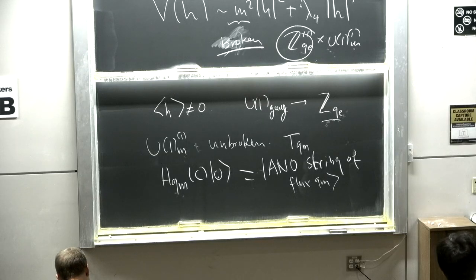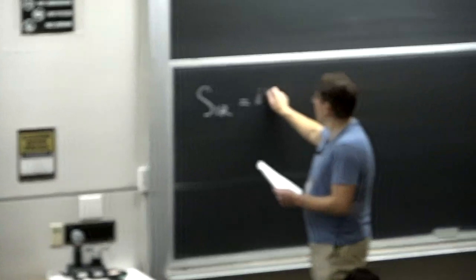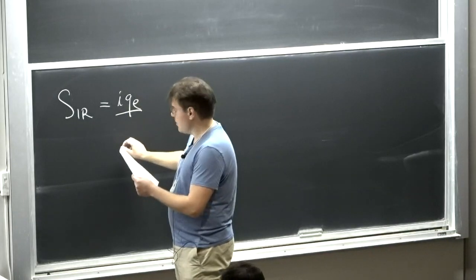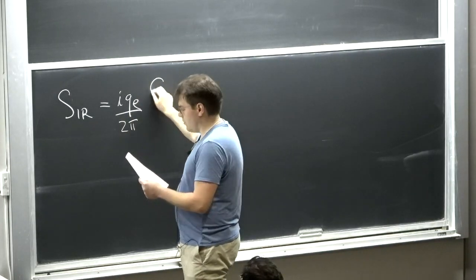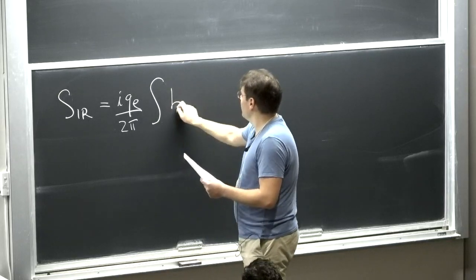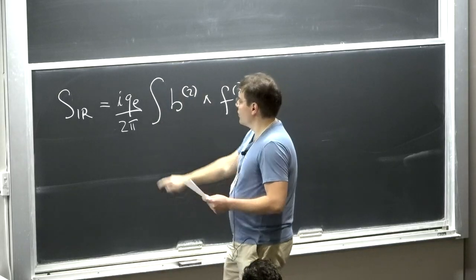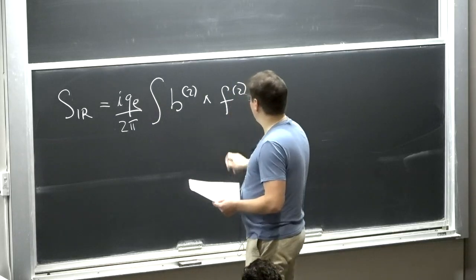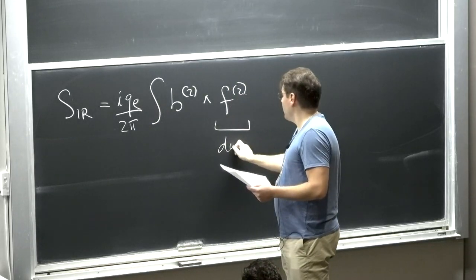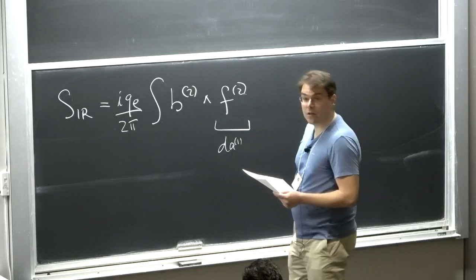So in the deep IR, one way, not the only way, to describe this ZQ gauge theory is as follows. You can write it as a BF theory with coefficient QE, where F is literally dA, the original Maxwell field.